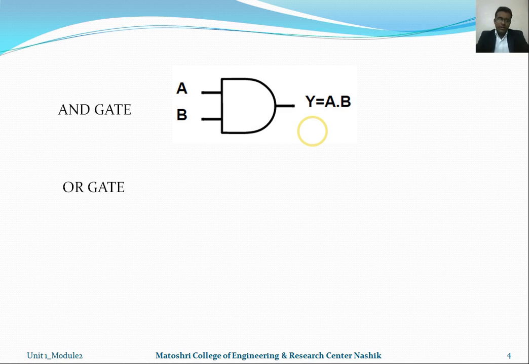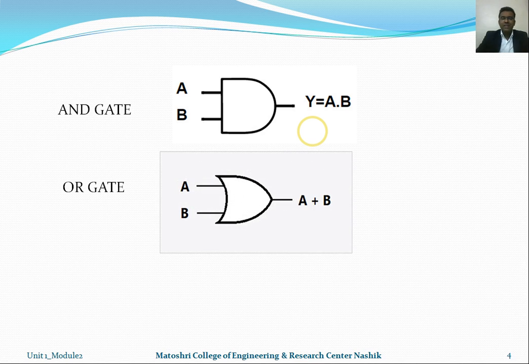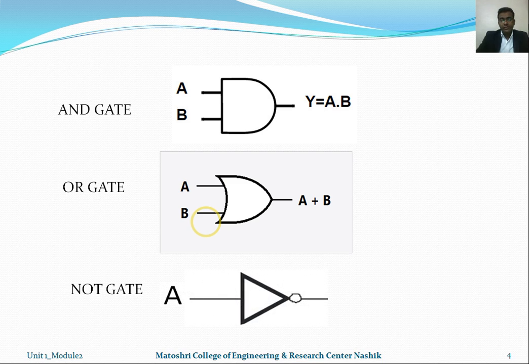Similarly, the OR gate symbol is like that, but it performs the addition operation on the inputs. And third is the NOT gate, which performs the inversion operation on the input. If the input is A, it produces the output as the complement of A. Means if the input value is high, it produces the output as low. If the input is low, it produces the output as high.